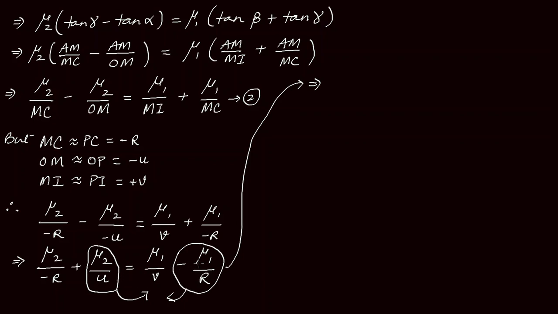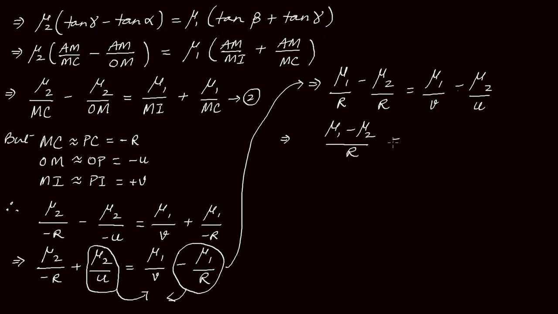If I take this to the left hand side, this will become plus, so that will be mu1 by R minus mu2 by R is equal to, this will remain here, mu1 by V, then this plus sign will become minus mu2 by U. So I get mu1 minus mu2 by R is equal to mu1 by V minus mu2 by U. I can leave it here, or I can write this on the left side and this on the right side, just to keep the uniformity.